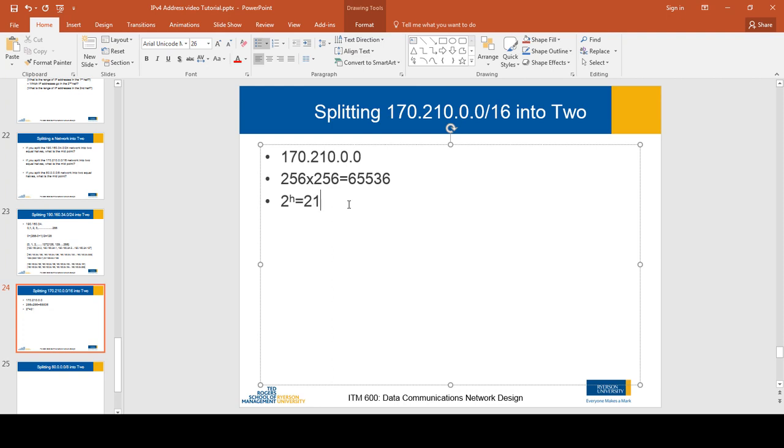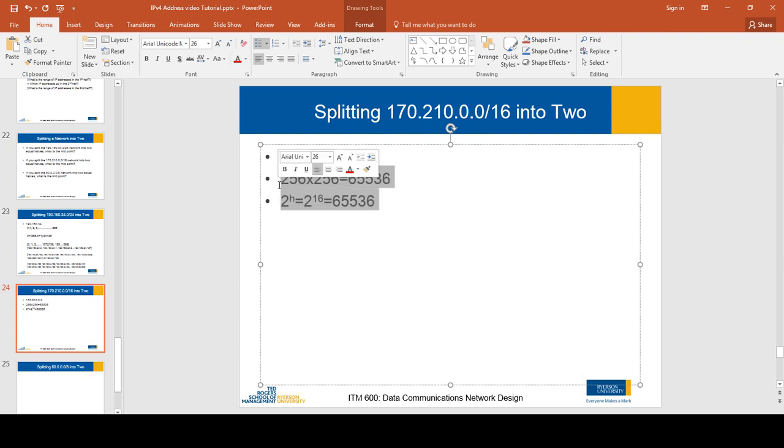That gives us 2 to the power 16. And if you use a calculator, you will also get the same value, 65,536 IP addresses. So you can calculate in either way to find the number of IP addresses.